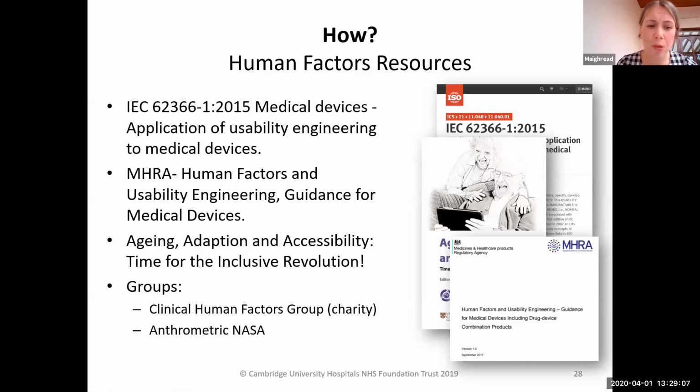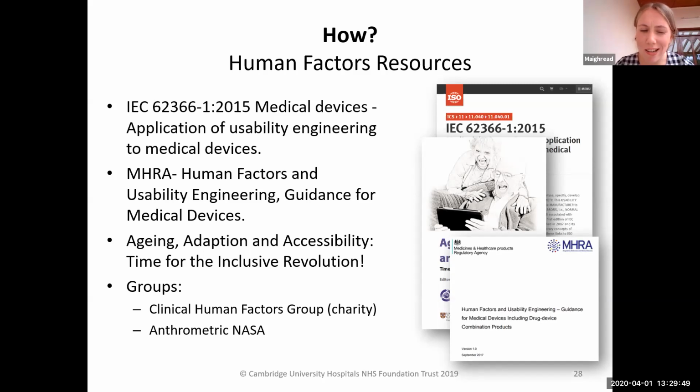And there's also 2 groups which are useful for engaging with. One of them is called the Clinical Human Factors Group. It's a charity that started from, I believe, a clinician whose wife died as a result of bad human factor design of a piece of medical equipment. They run workshops and events, education days for designers and clinicians to attend, and they're trying to promote human factors in medical device design and the benefits of it.